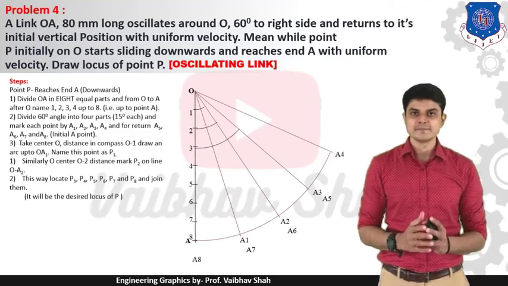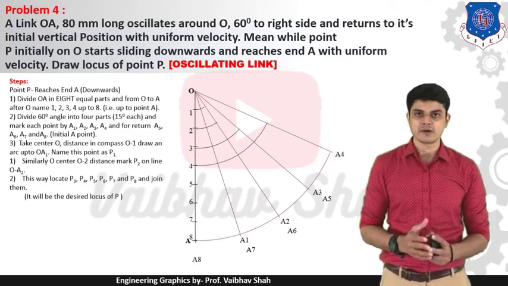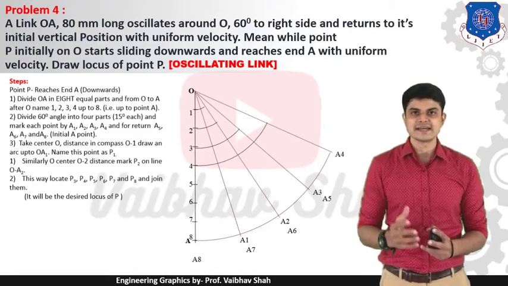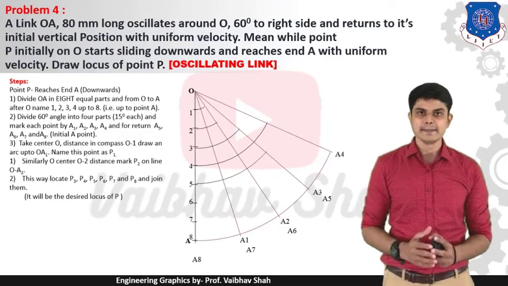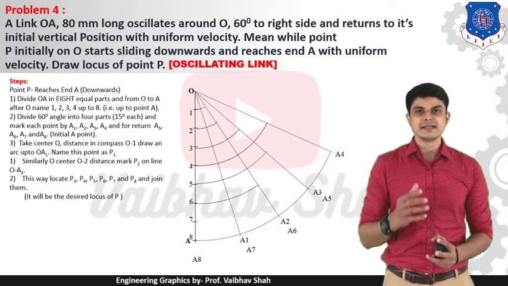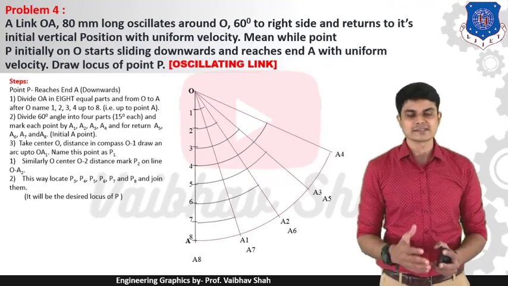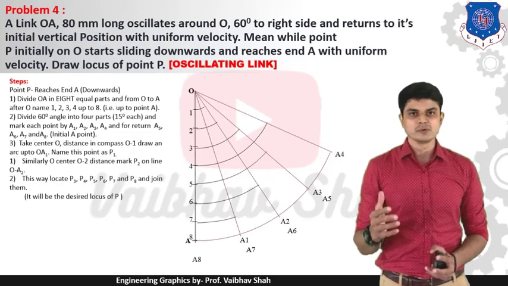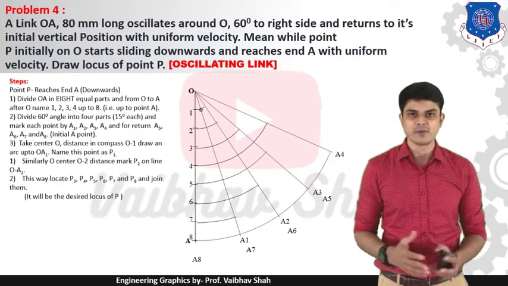Take O as a center, O4 as a radius, draw one arc until you reach the line A4. Then take O as a center, O5 as a radius, draw one arc until you reach A5. Then take O as a center, O6 as a radius, draw one arc until you reach A6. Then take O as a center, O7 as a radius, and draw an arc, and finally your point will reach the final point, right?